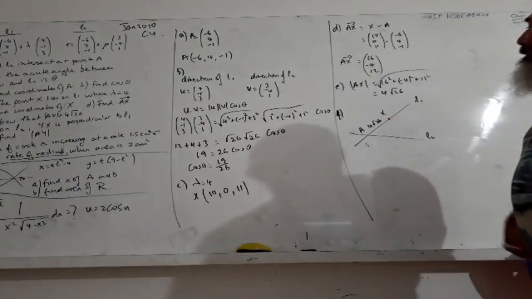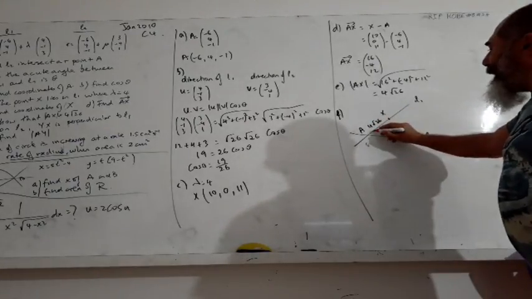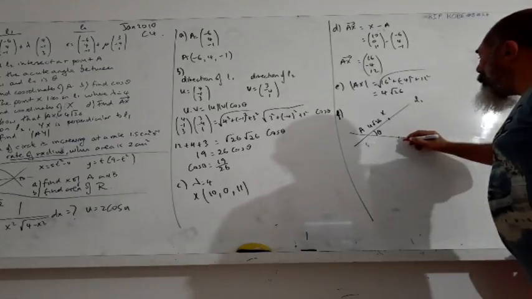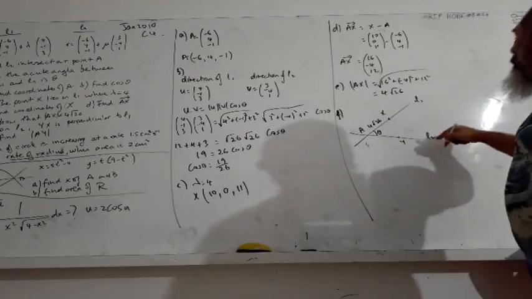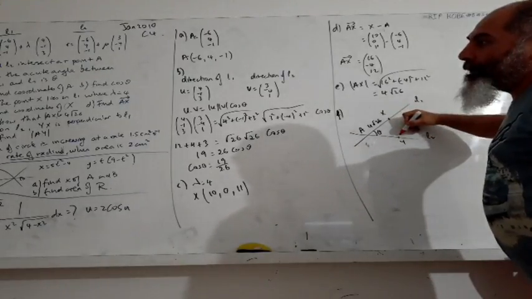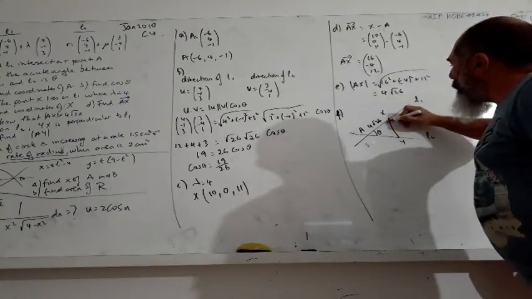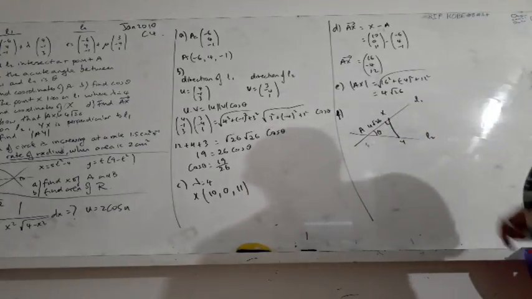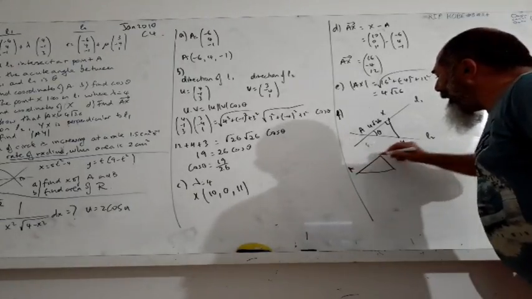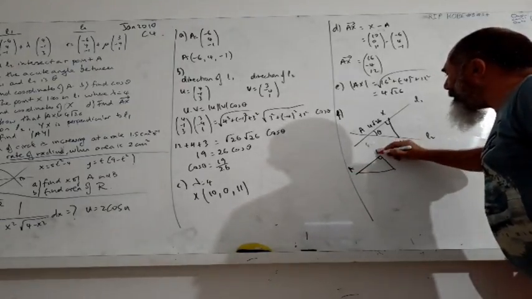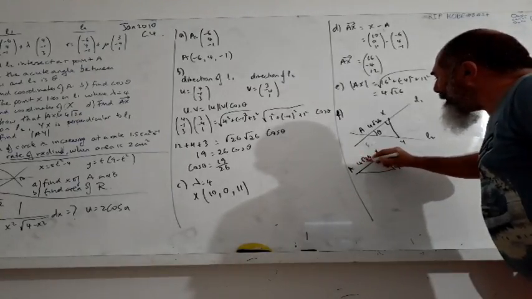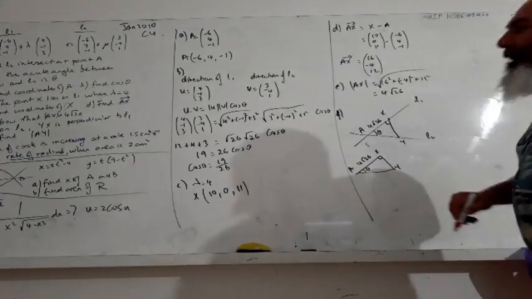We have theta there, the angle between L1 and L2. This is Y, which is on line L2, and YX is perpendicular to L1. That means we have a right triangle here: this is A, this is X, and this is Y.